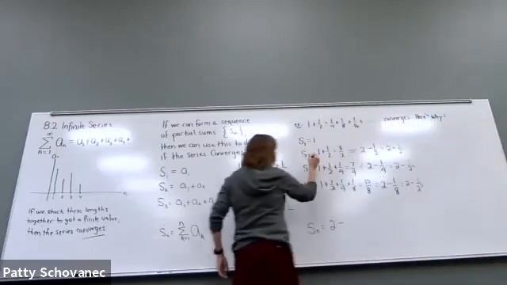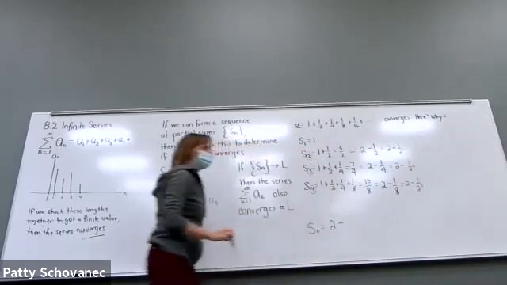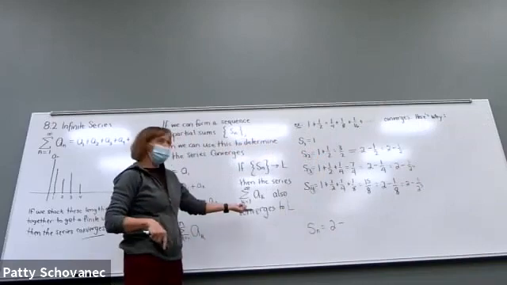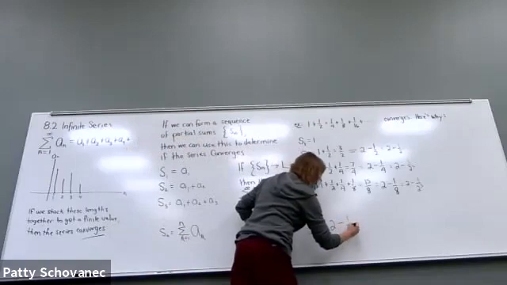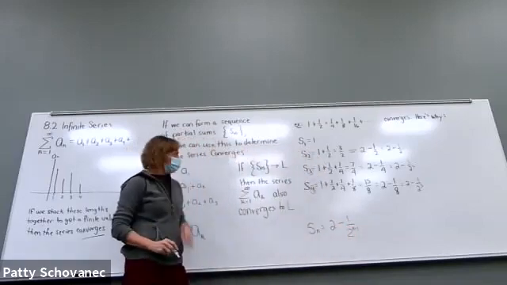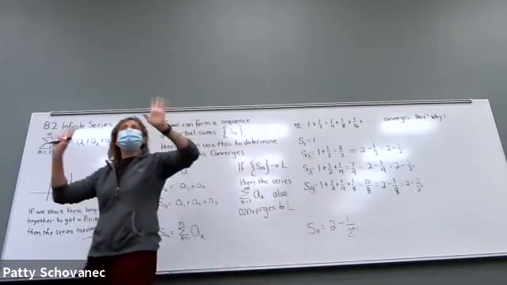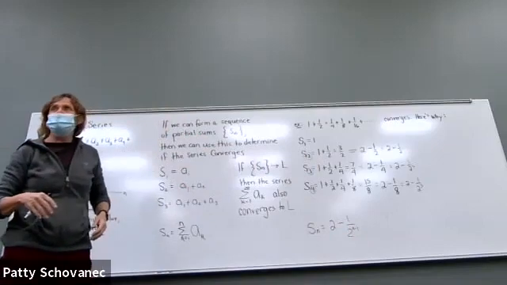So notice that the power over there is related to the subscript. It's 1 fewer. So I can say that the nth term looks like 2 minus 1/2 to the n minus 1. So I got a general formula for the nth partial sum, just kind of by dumb luck or smart luck.